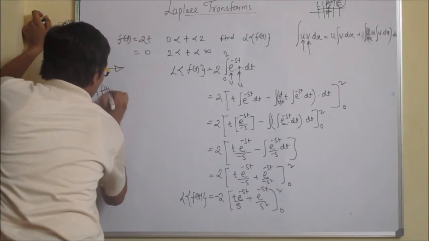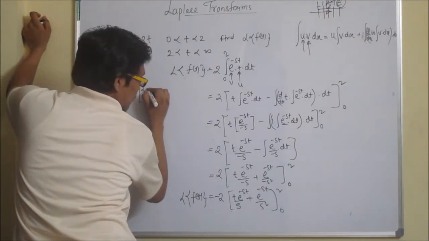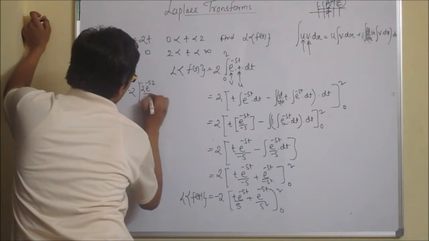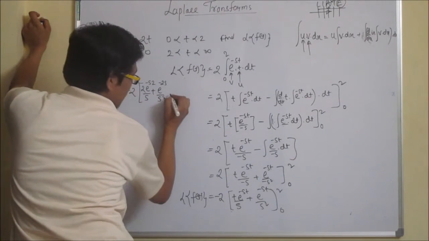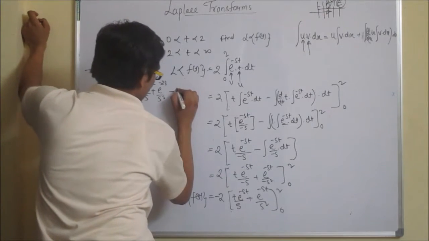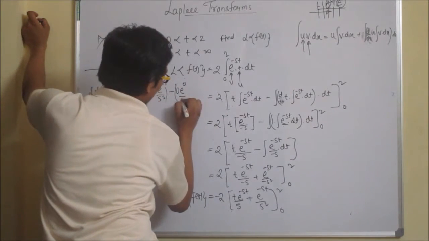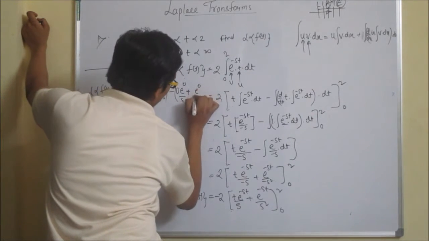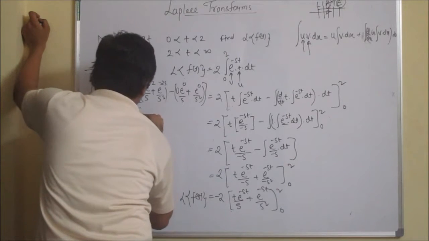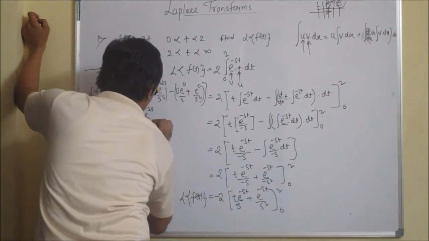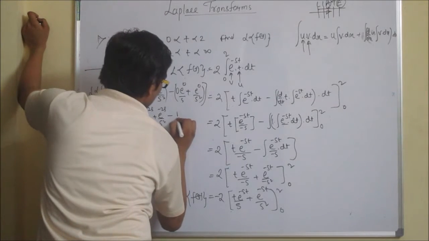Now L of f of t is equal to minus 2 times, e raised to minus s into 2 by s plus e raised to minus 2s by s square, minus, 0 e raised to 0 by s plus e raised to 0 by s square, that is minus 2 times, e raised to minus 2s by s plus e raised to minus 2s by s square minus e raised to 0, that is 1 by s square.